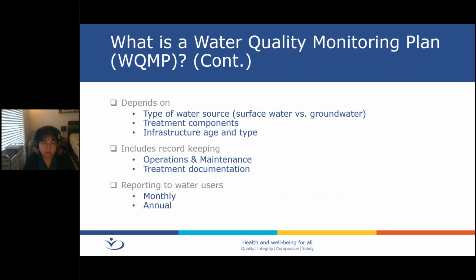Also, the water quality monitoring plan depends on the type of water source. So if you have a surface water source versus a groundwater source, the monitoring plan could be very different. And also, if there's more than one source, each source should be included in the monitoring plan.